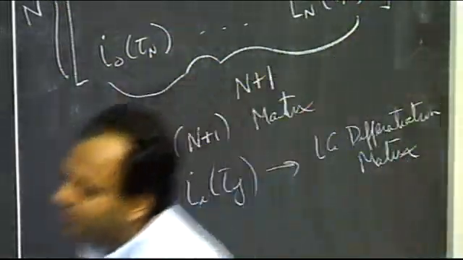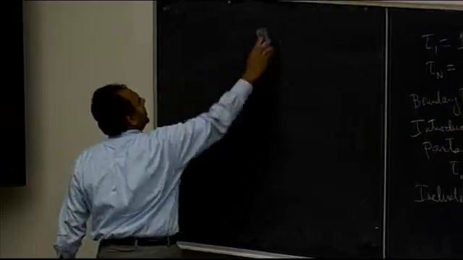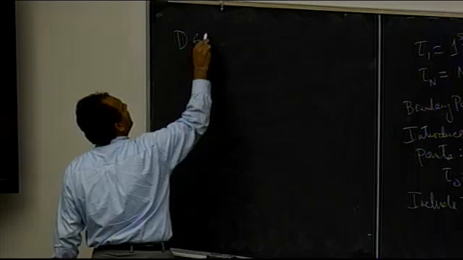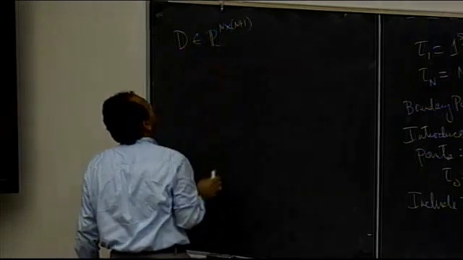Okay, now, if you write that out in matrix form, we can do it this way. We can write this matrix as follows. We can say that D, which is an element of R^(n by n plus 1), can be written as follows.